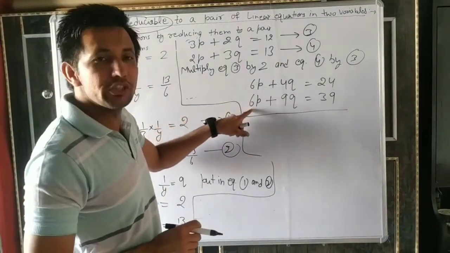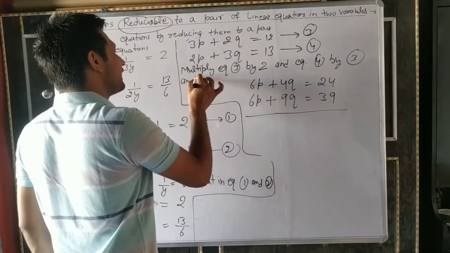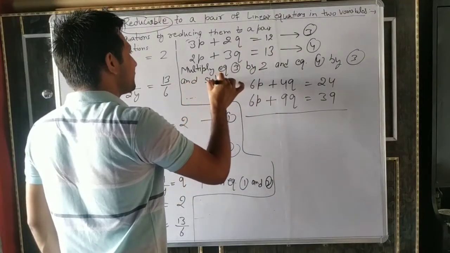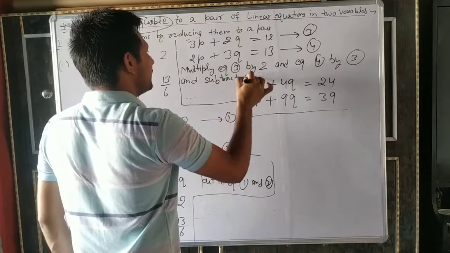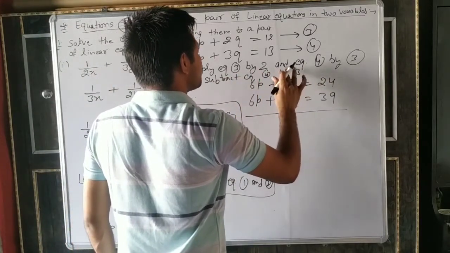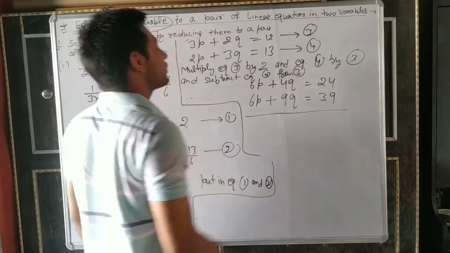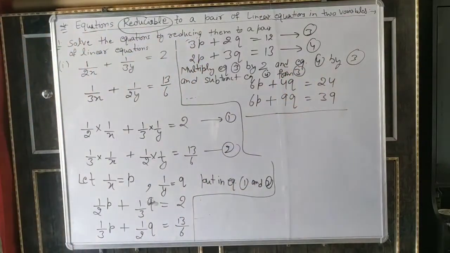Both p terms are positive, so it means we have to subtract. You can write here also: subtract equation 4 from equation 3.